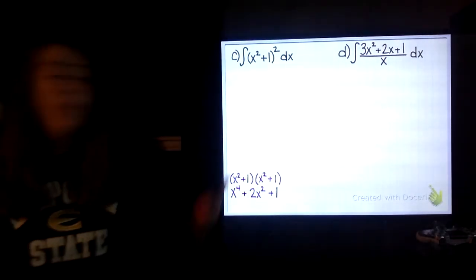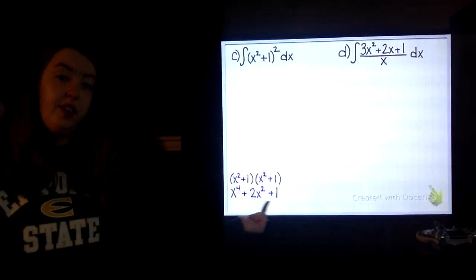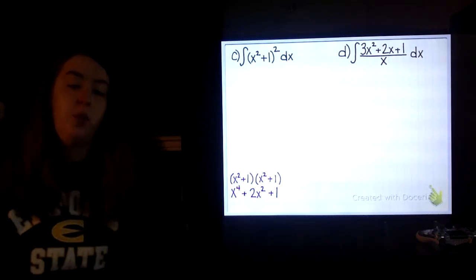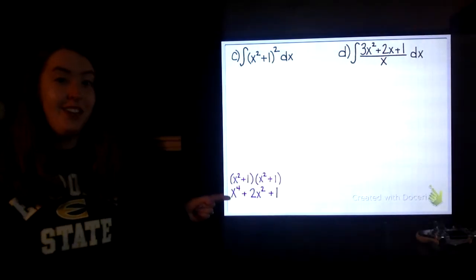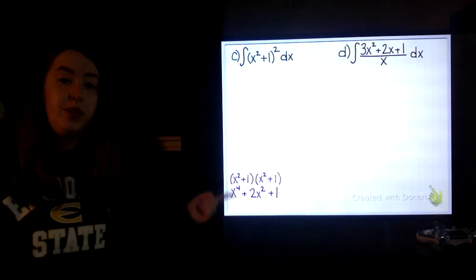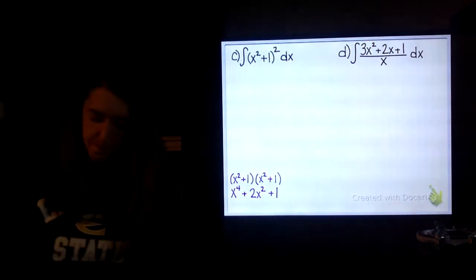So when we multiply this out, this is what we end up with: x to the 4th plus 2x squared plus 1. This we do know how to take the integral of. The original seems a little messy, so if it's easier to multiply everything out and it's quick, just multiply everything out.